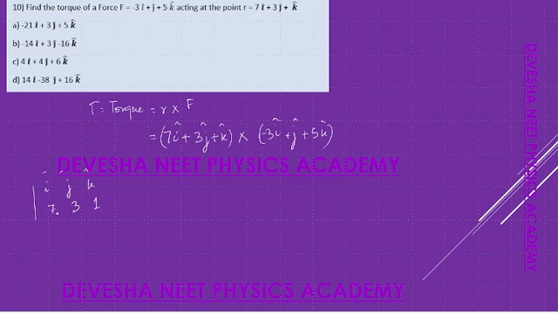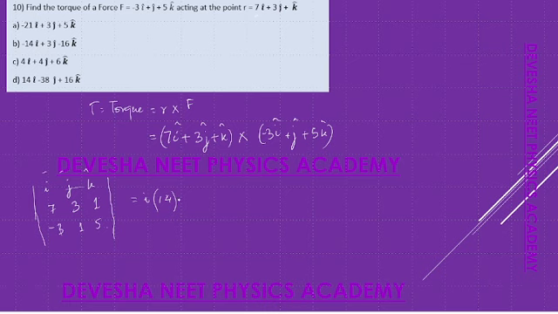Similarly, the second row is minus 3, 1, 5. Let's do this now. 3 into 5 is 15. 15 minus 1 is 14.